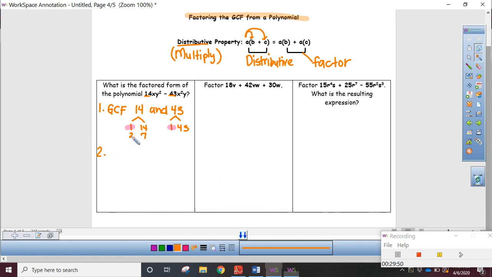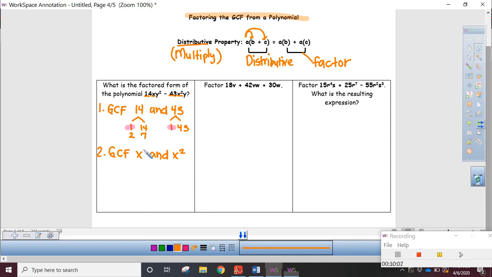Step 2 is now we're going to find the factors of our first variable, which is x, and x squared. So we're finding the GCF of x and x squared. Now x, well, there's just one x there.